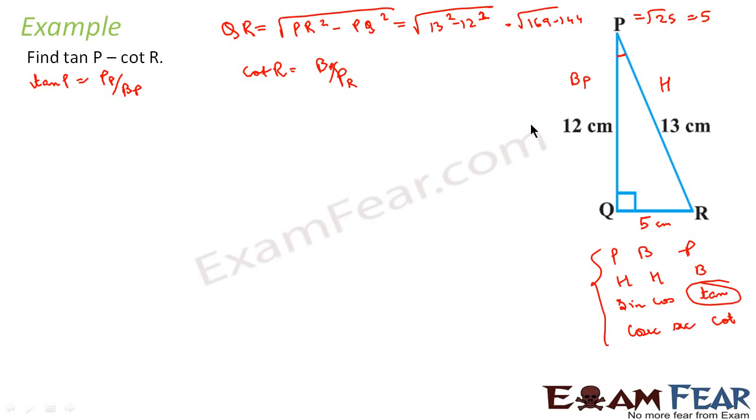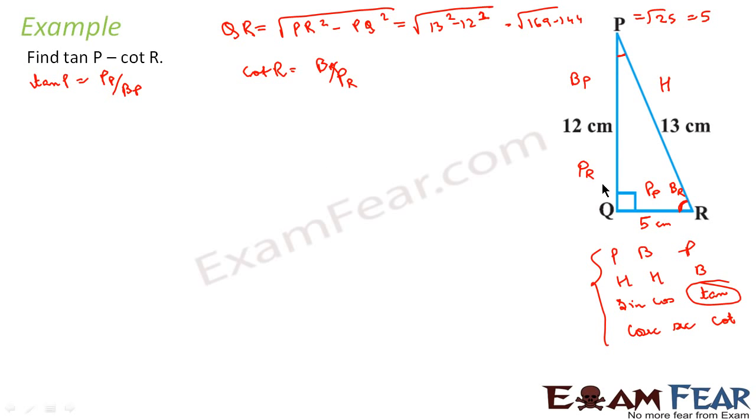The opposite side QR becomes the perpendicular when P is the frame of reference. When talking about angle R, the opposite side is this side. This becomes the perpendicular when R is the frame of reference, and this becomes the base when R is the frame of reference. Correct?